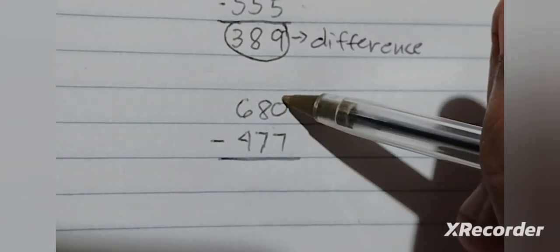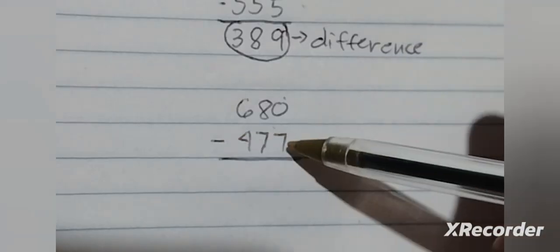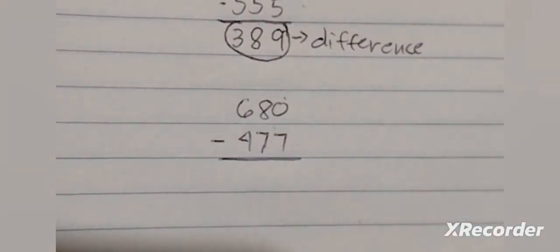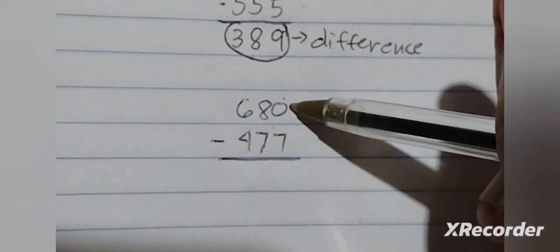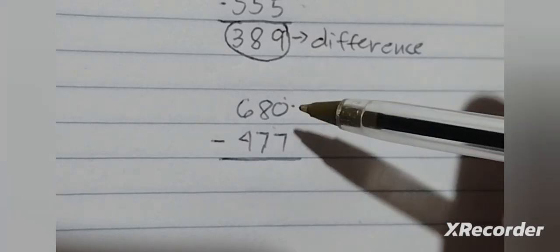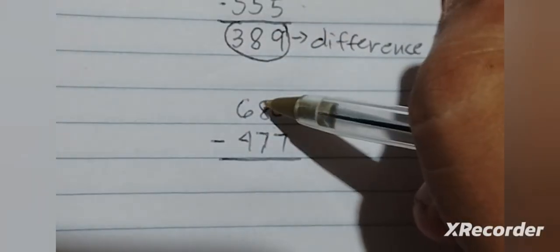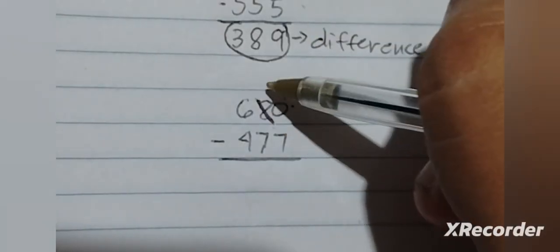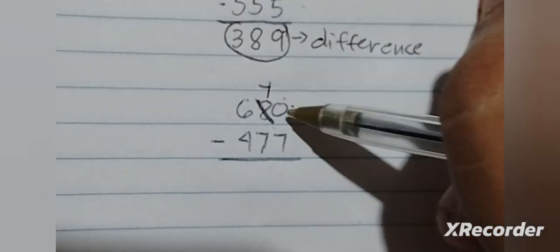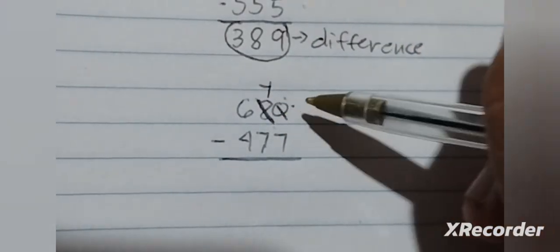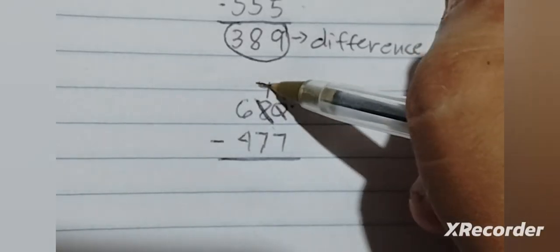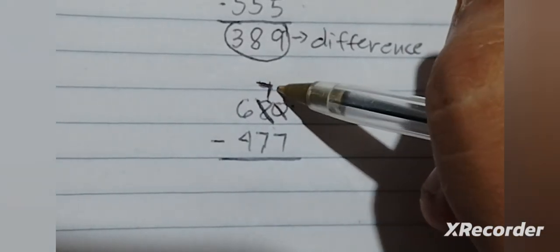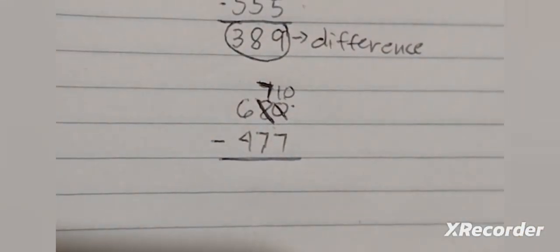Again, let's start at the first number on the right side. 0 minus 7 cannot be, since the 0 is smaller. So what we're going to do is borrow from the side number. The 8 will become 7, then the 0 will become 10.